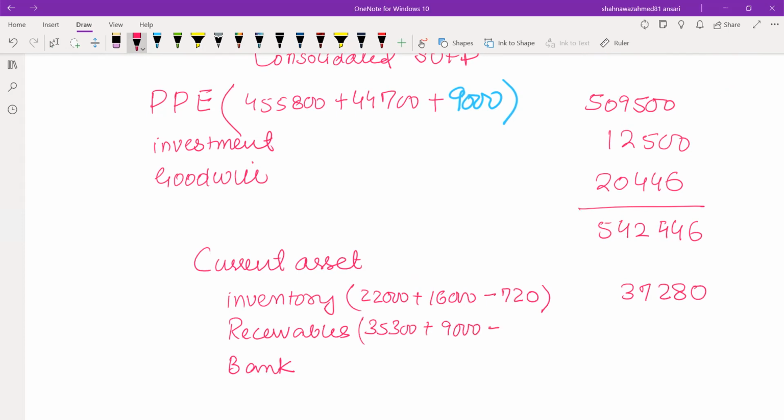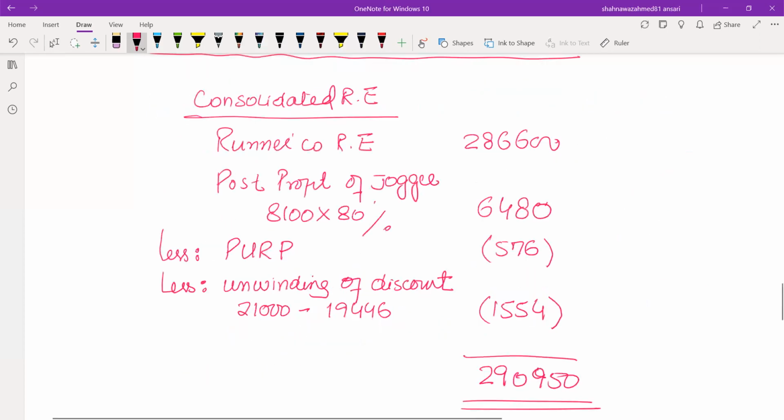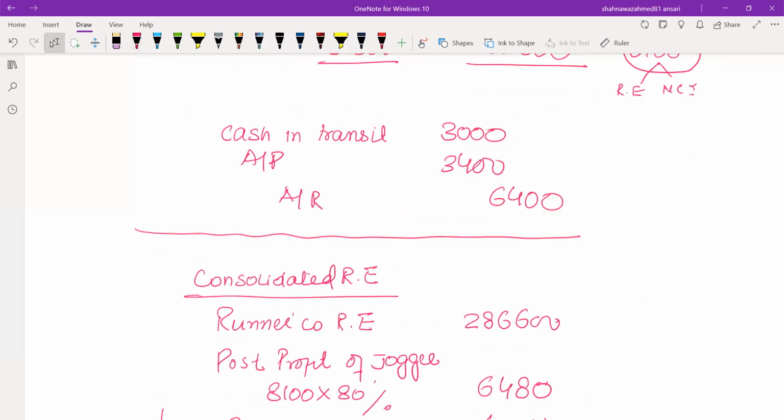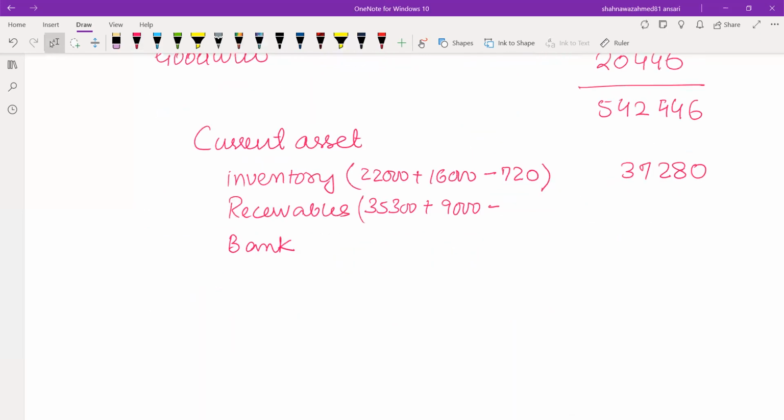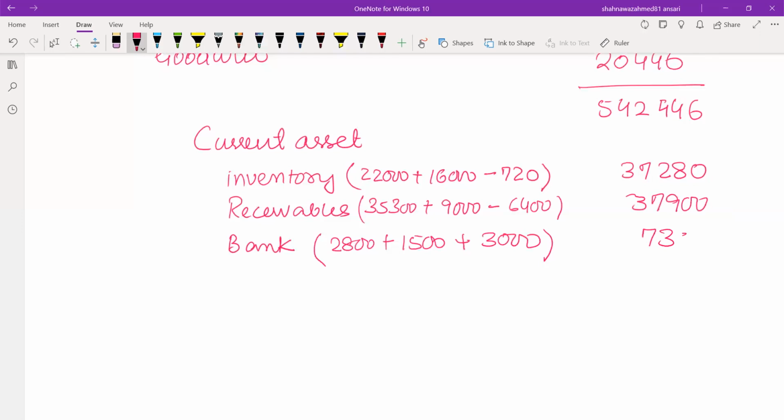And then we have credited receivables. Account receivable credit by 6,400. And bank balance given, parent company plus subsidiary plus cash in transit, that is 3,000. So accordingly, it's 37,900 and it's 7,300.